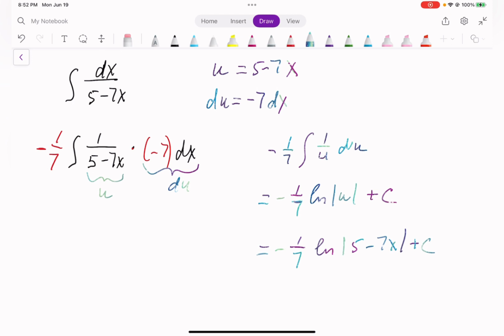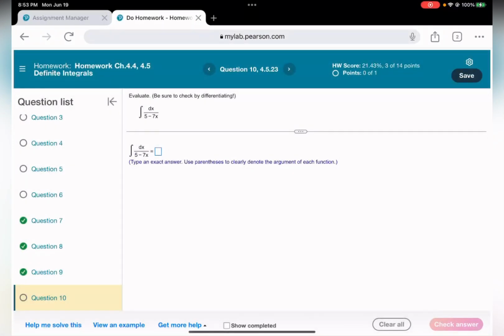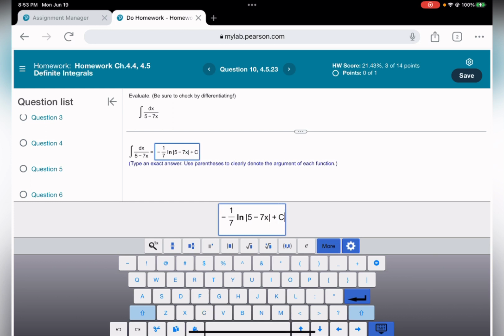So let me write down, negative 1 over 7 and then natural logarithm, absolute value of 5 minus 7x, absolute value, and plus c.